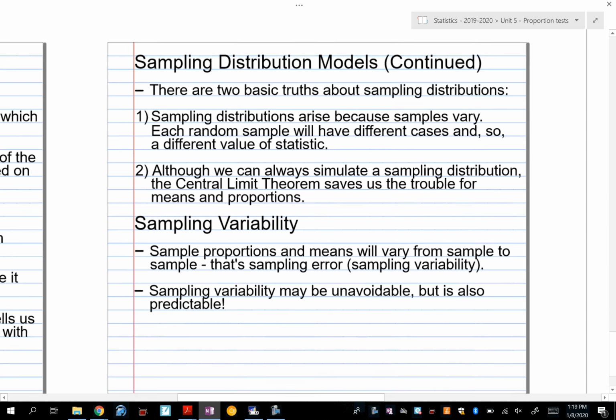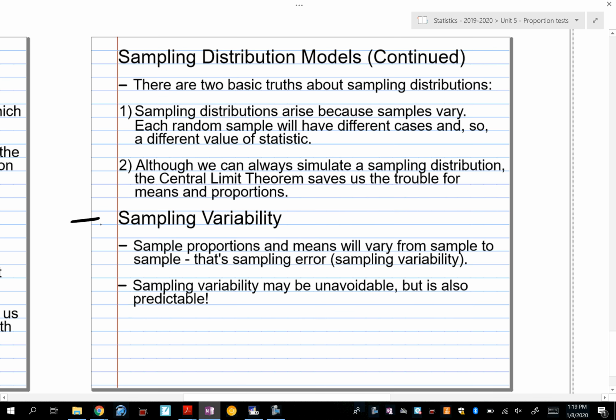So the last thing, really I want to just talk about this last piece, sampling variability. You're going to hear the term in statistics where someone will talk about sampling error, E-R-R-O-R, and that is not a bad thing. You guys, when you're young, you think when you see the word error that you made a mistake.